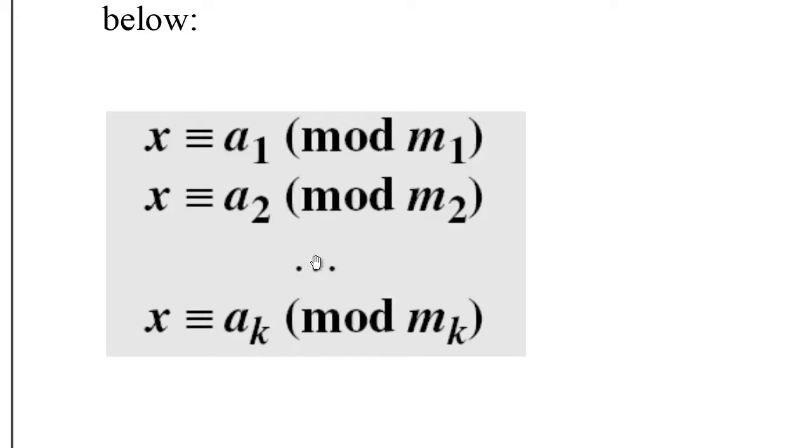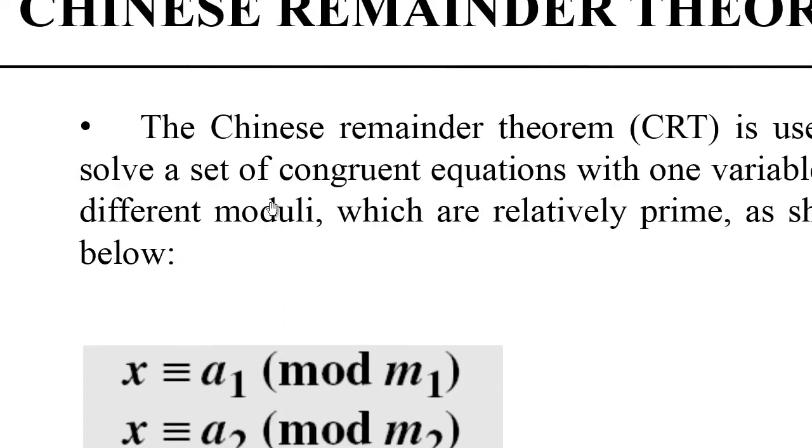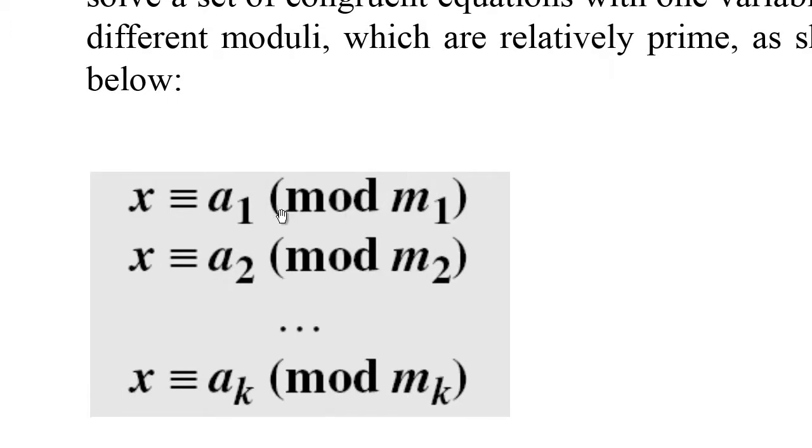According to the statement of this theorem, we have a set of congruence equations with different moduli: the modulus of the first equation is M1, the second is M2, and so on up to k equations. And the GCD of M1, M2, M3, up to Mk must be 1, so they are relatively prime.